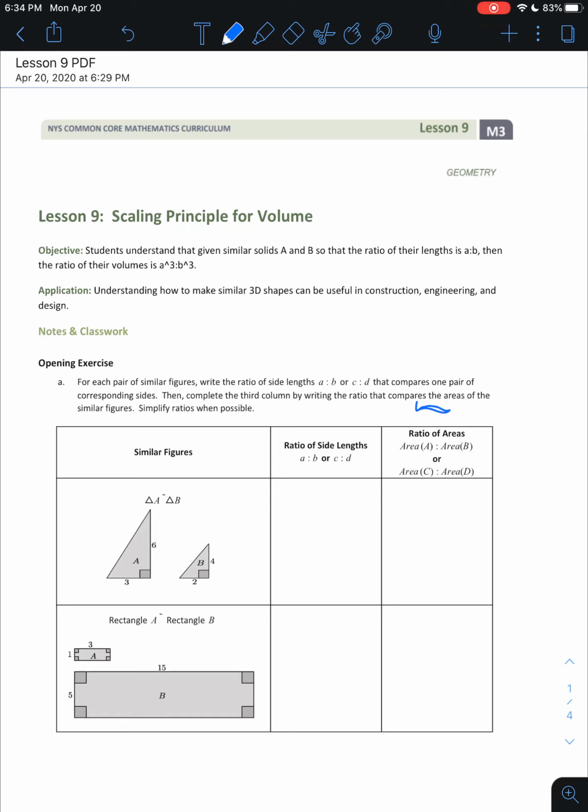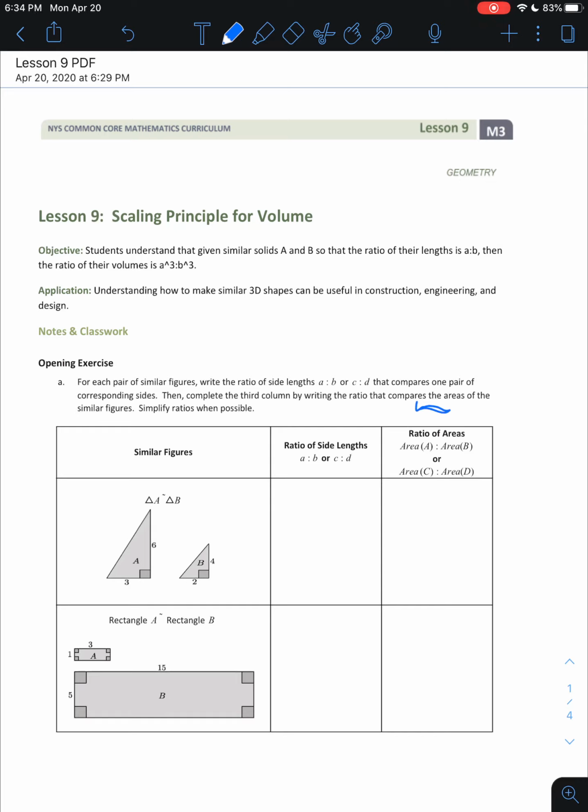So we have two right triangles, and we're told that they're similar. That's what this little symbol means over here. It's saying triangle A is similar to triangle B. And first they want us to write the ratio of side lengths. So we see this 3 over here corresponds to the 2 down there, right?